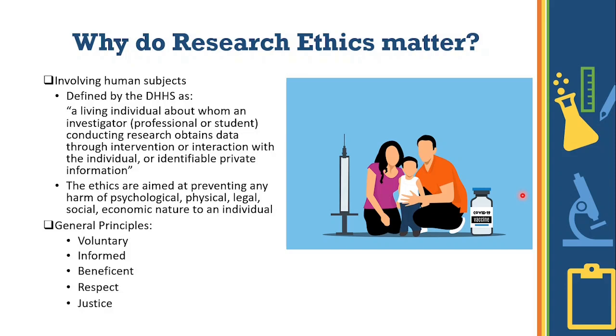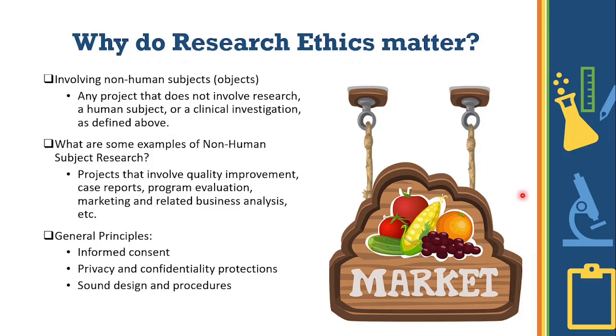The beneficence principle is for the researcher to understand that it's important that his or her research has more benefit than harm, and its benefit outweighs the harm. And the respect principle is the respect for the dignity of the human being about whom the research is being conducted. And justice involves overall fairness in the study or research being conducted.